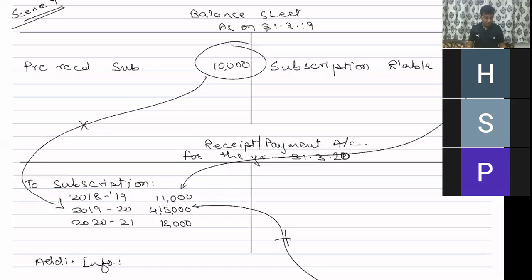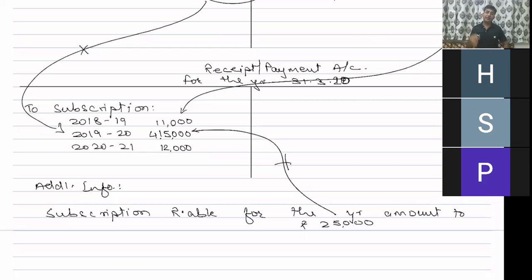So that amount is not being given in your receipt and payment account of 10,000. So that will be included while preparing my income and expenditure account. Similarly, the amount of receivable which is given in the additional information is the income of current year which is not yet received. That amount will be included in my income and expenditure account as well as balance sheet onto the asset side.